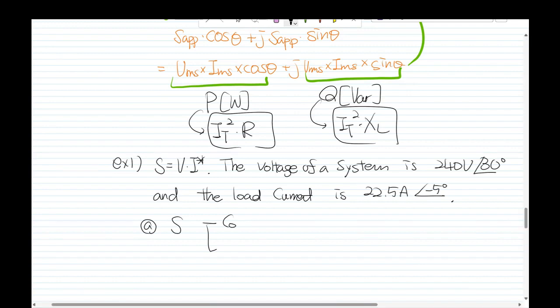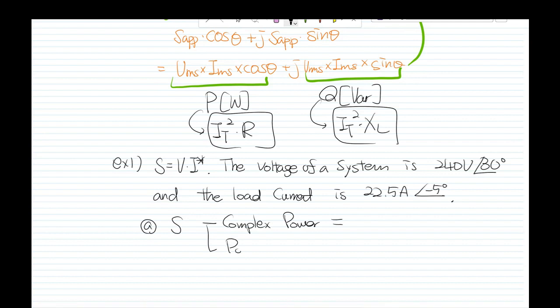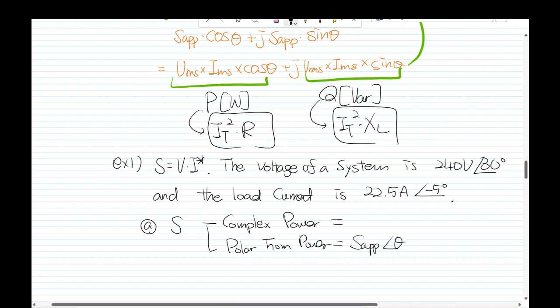One is the complex power number, and the other is the polar form of the power. If you want to find the polar form, you have to find S sub APP and theta. And if you want to find the complex apparent power, that was P plus jQ.